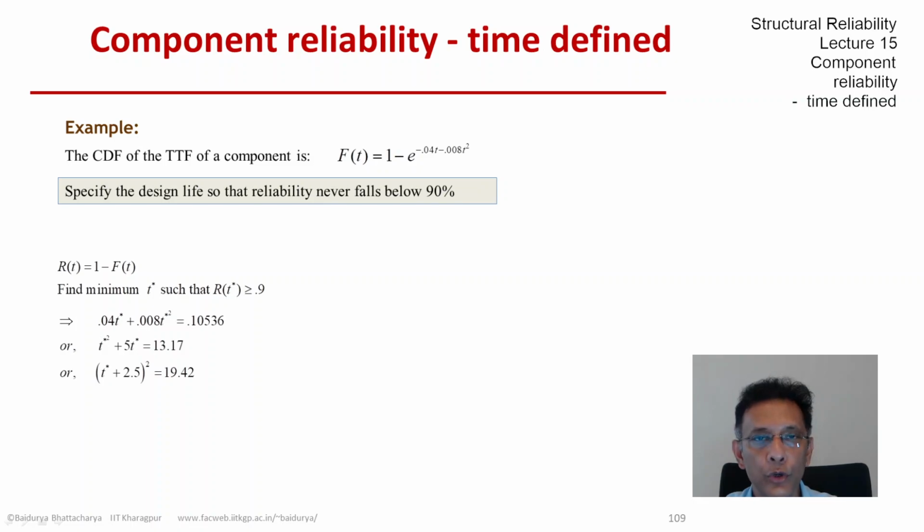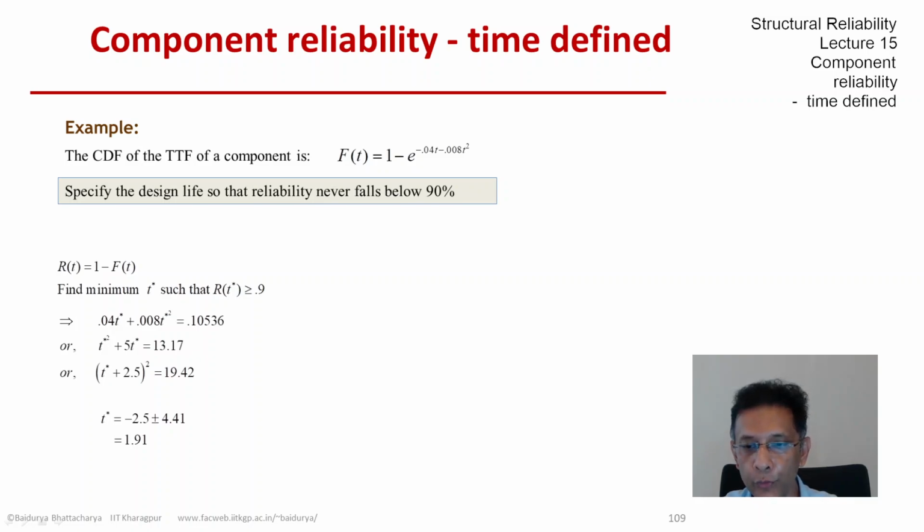We end up with a quadratic equation in t star, and because the time to failure is defined only for non-negative values, the answer is 1.91 units of time. So that is the time up to which the reliability is always greater than or equal to 0.9. Beyond 1.9 units of time, the reliability is going to fall below the specified 90%.